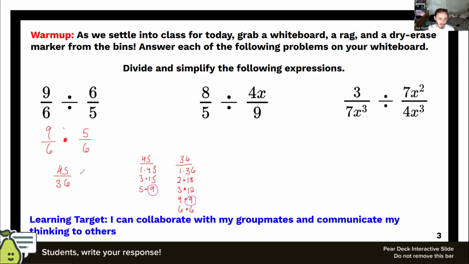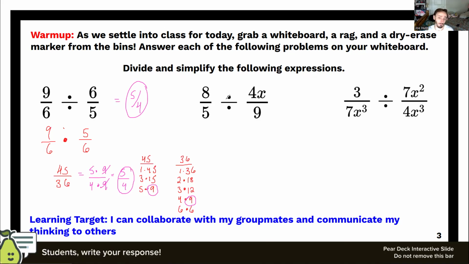So what I can do here is write 45 as 5 times 9, and I can write 36 as 4 times 9, and then I can cancel the 9 divided by 9, and I get my answer there of just 5/4. So the final simplified version of my answer for 9/6 divided by 6/5 would be 5/4.